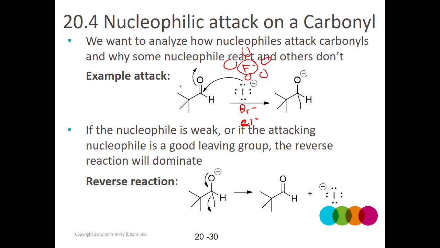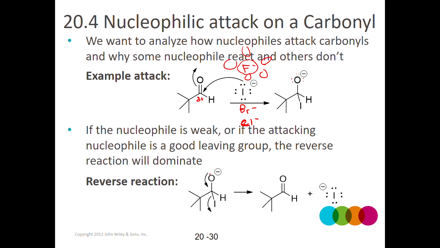So we could easily imagine the partial positive attracting one of these halides in there and pushing electrons up to produce this intermediate. The problem with that is the halide is also a great leaving group. Iodide, bromide, chloride, they're all great leaving groups.